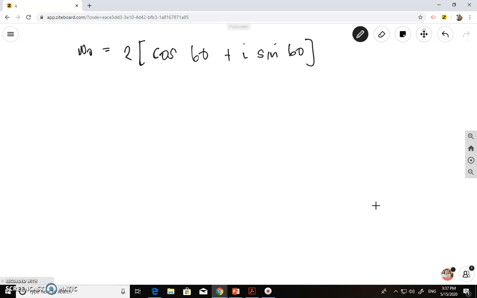Okay, for our W base 1, our theta is equal to 240, right? Our nth root, we have the 4th root of 16, which is equal to 2.